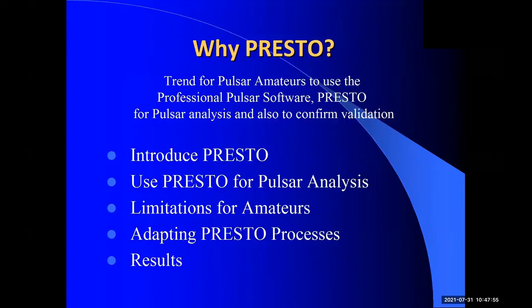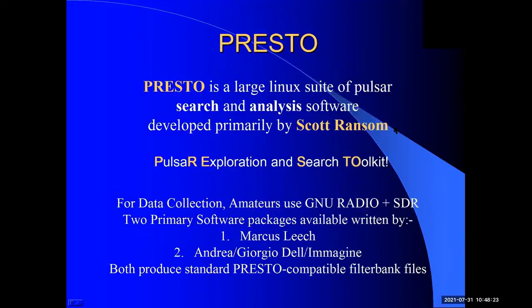In this talk, I'm going to introduce PRESTO, say how best to use it for pulsar analysis, the limitations it has for amateurs, it's not perfect, and how to adapt the PRESTO processes to better get the information that you would like. And then end up with some results.